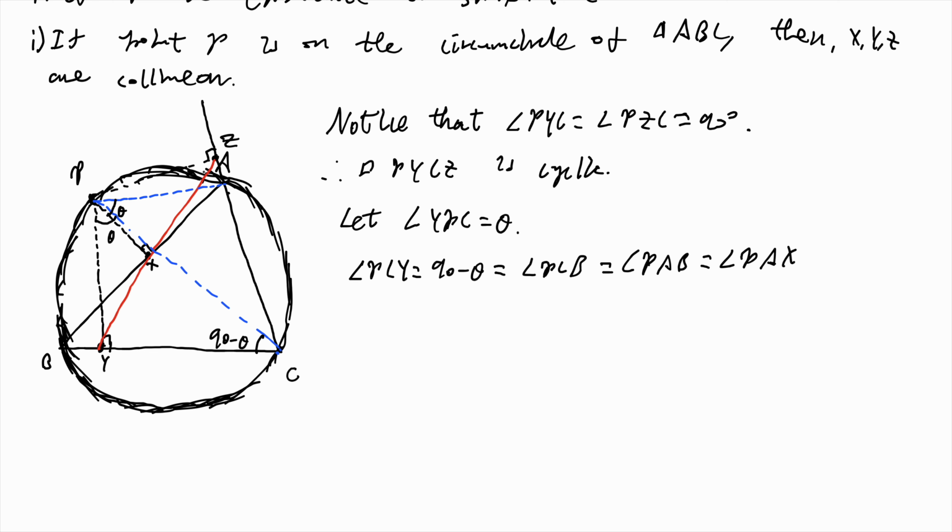Wait, did I say PY? No, it's PZ. I used the wrong angle. Angle PZA equals angle PXA equals 90 degrees. That means PZAX is cyclic. Okay, we know that is true.